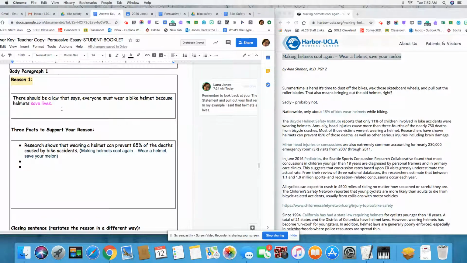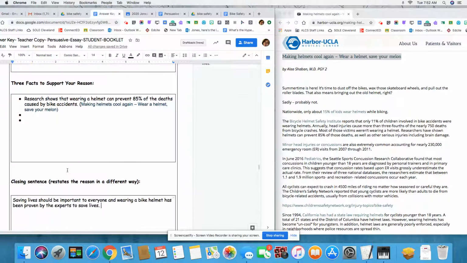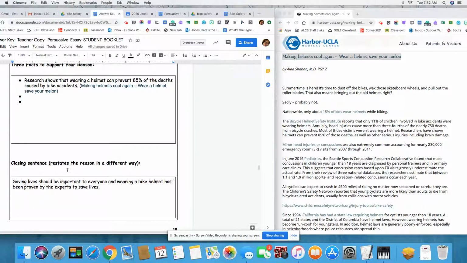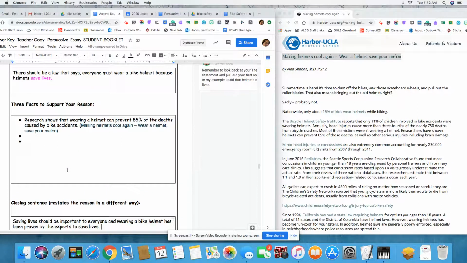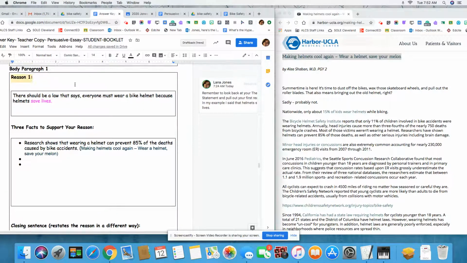You have your reason, you're going to have your 3 facts, and then you're going to have your concluding sentence. And when it's time to pull it all together, you have everything you need right there, okay, to write that paragraph. All right, so completing this graphic organizer here is really important. So go ahead and get your 3 facts to support your first reason.